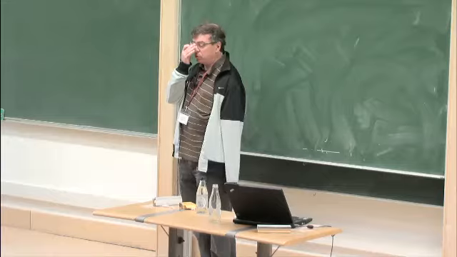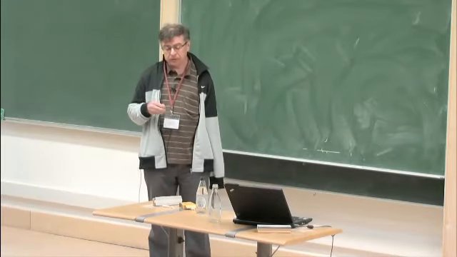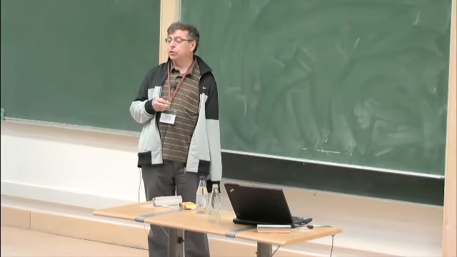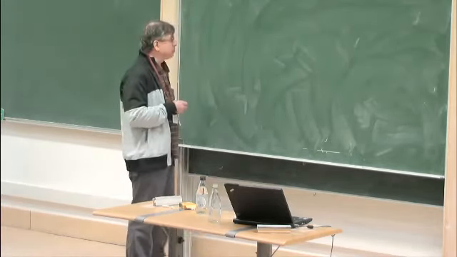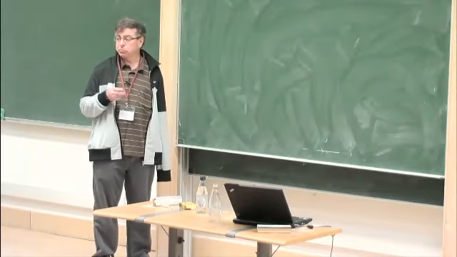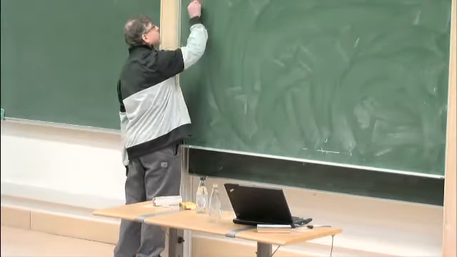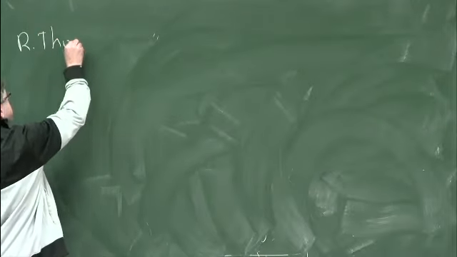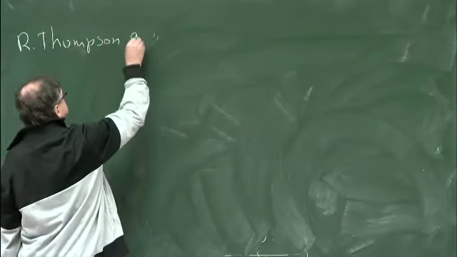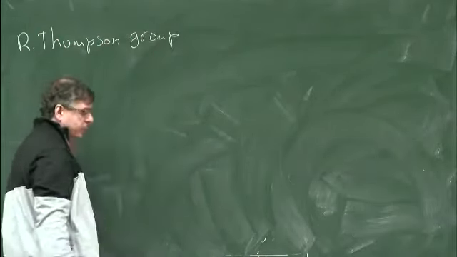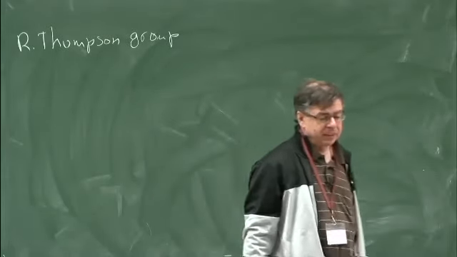The main concept. In fact, let me start with the group. The group I'm going to talk about is just one particular group. It's called Richard Thompson's group. It's a famous group.